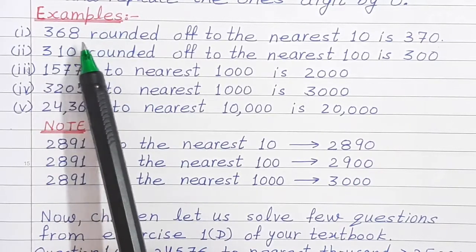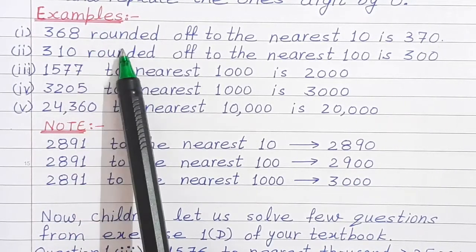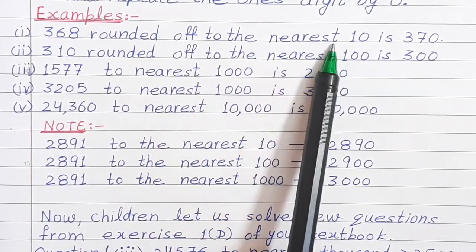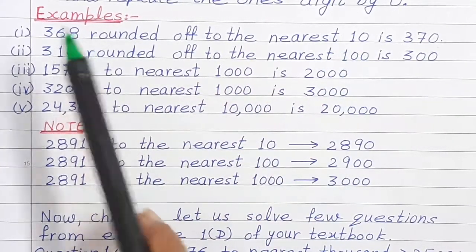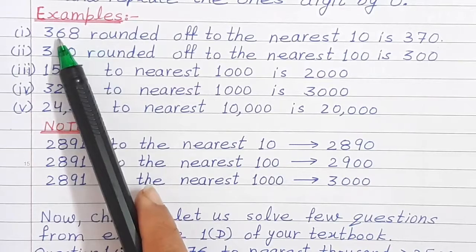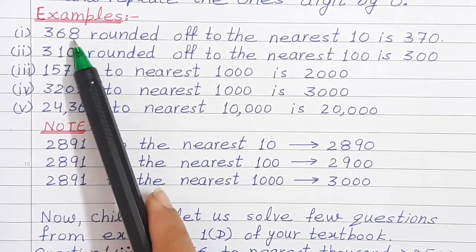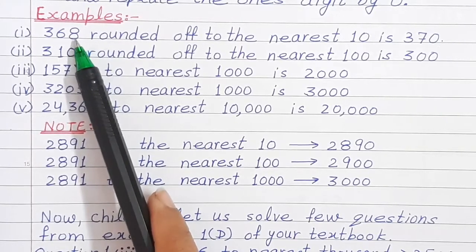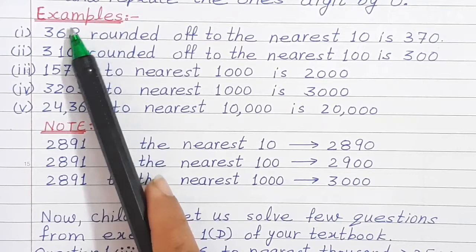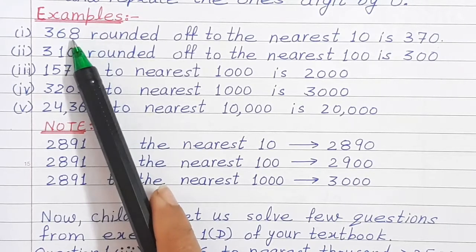Now 368 rounded off to the nearest 10. Now see, at the tens place the digit is 6 and at ones place the digit is 8. Now here 8 is more than 5, right?